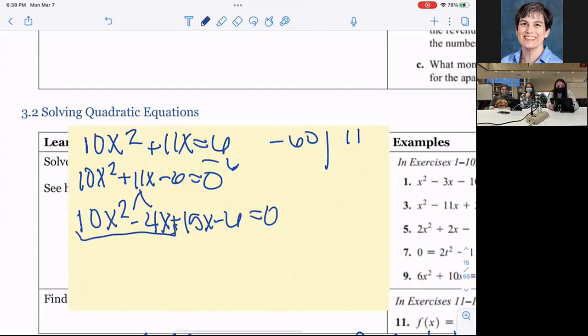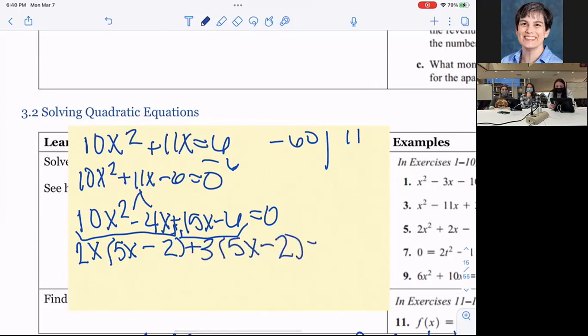We're going to divide it up again. We factor out 2x, which leaves us with 5x minus 2. Then we factor the other part, getting 3 out and 5x minus 2, and they equal each other.